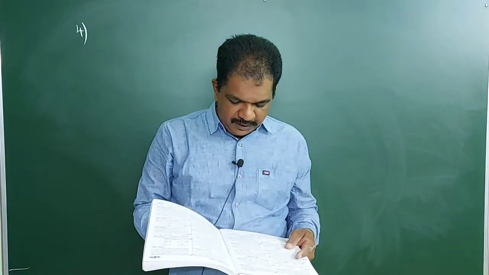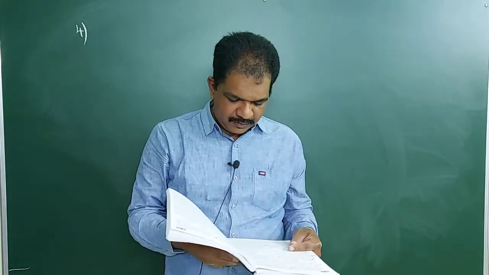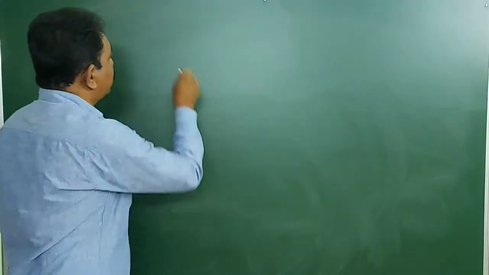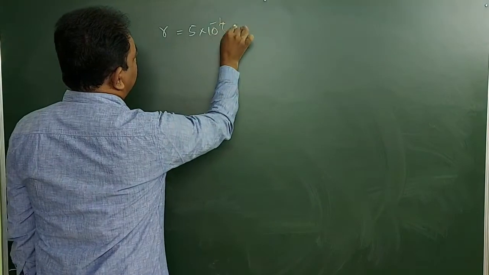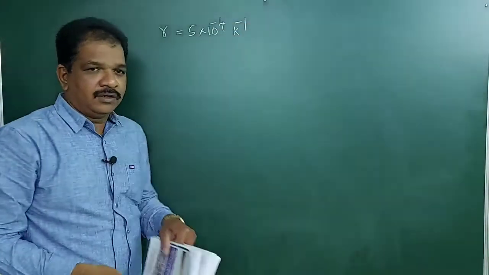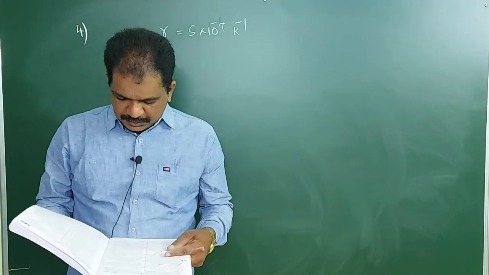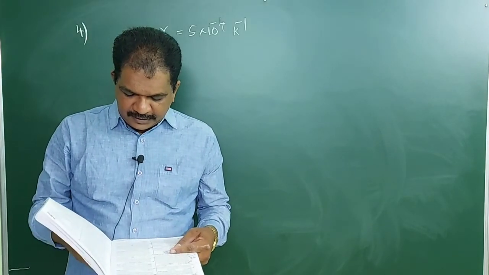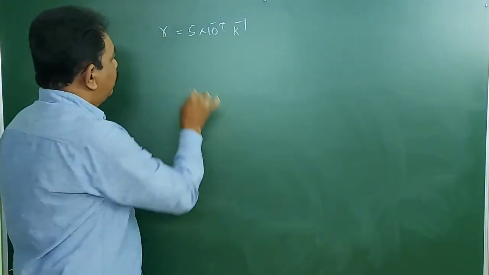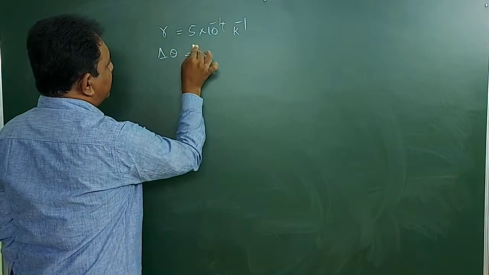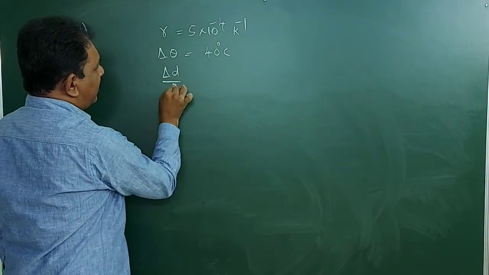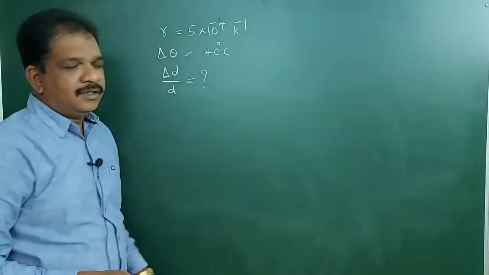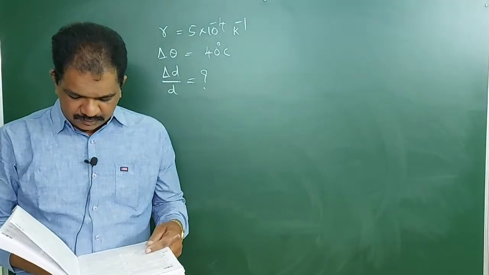Volume coefficient of glycerin gamma is equal to 5 into 10 power minus 4 Kelvin inverse. Fractional change in the density for a rise of temperature 40 degrees centigrade. Fractional change in the density is what? Okay.